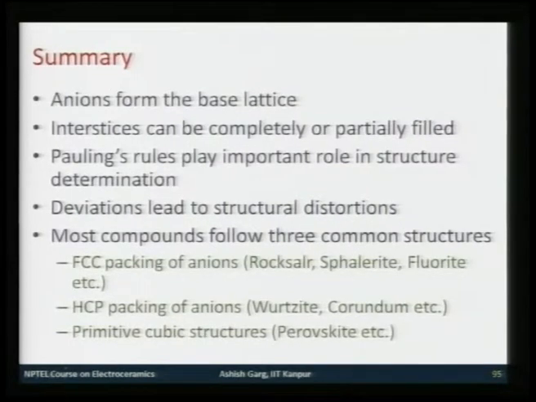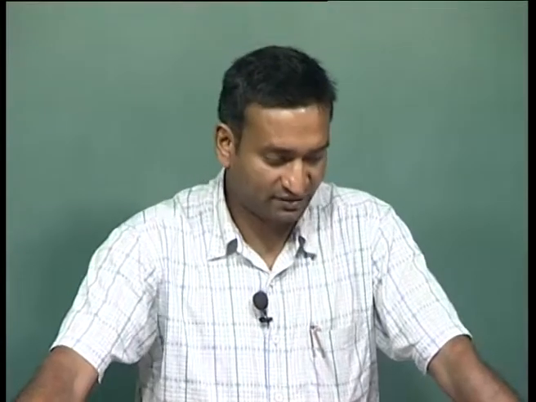Since the sizes of these atoms are often not perfect according to radius ratios, and also the shape of the atom may not be completely spherical, often you have deviations from the equilibrium structure. So there are structural distortions, but in most cases it's very easy to understand the structures.